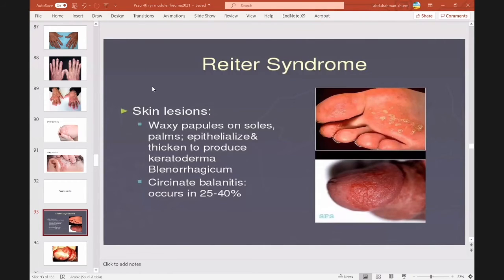Reactive arthritis, guys, comes after either infection or after systemic illness like inflammatory bowel disease. Here, what we call Reiter syndrome. It comes with a triad of conjunctivitis, genital infection, and arthritis.